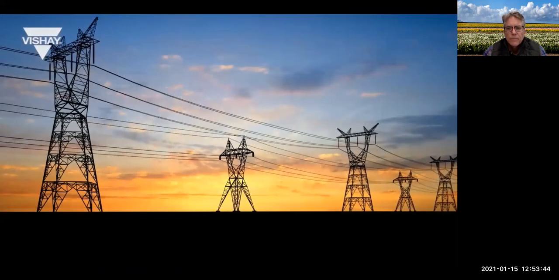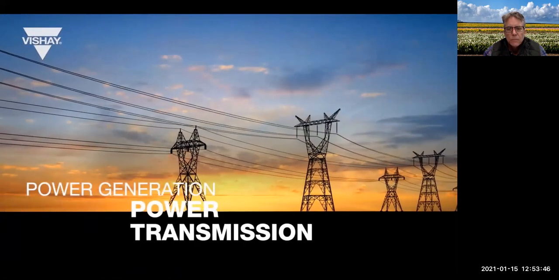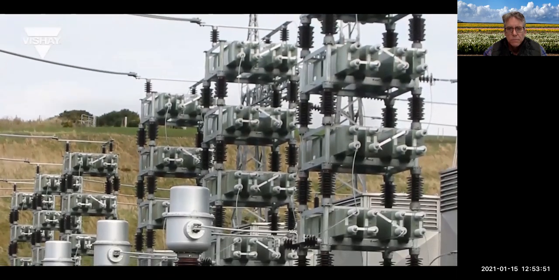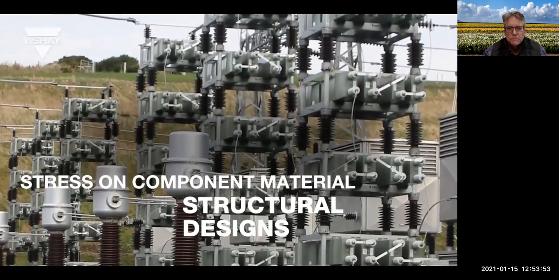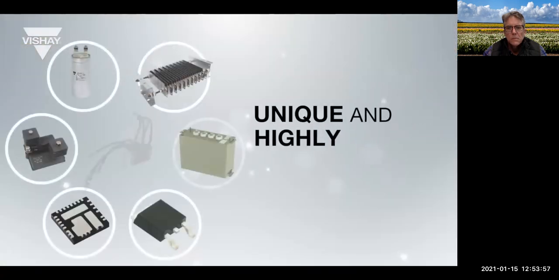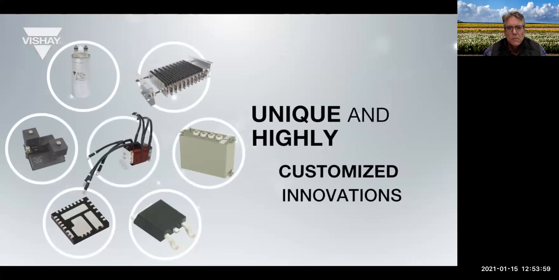The same is true of new developments in power generation and power transmission. These and other energy applications put stress on component materials and their structural designs. They will often require unique and highly customized innovations.